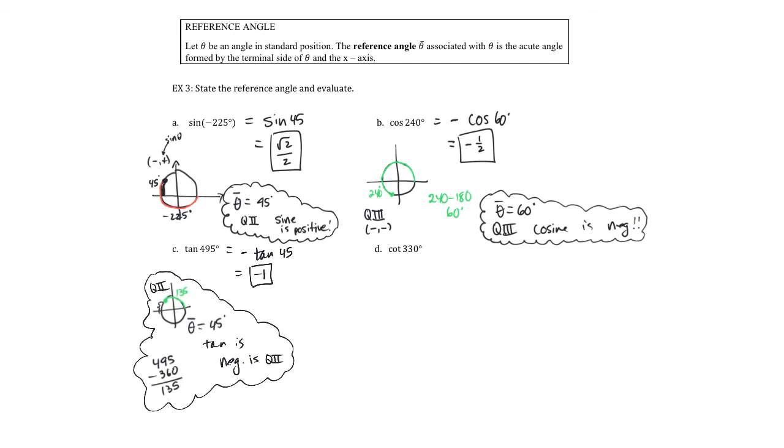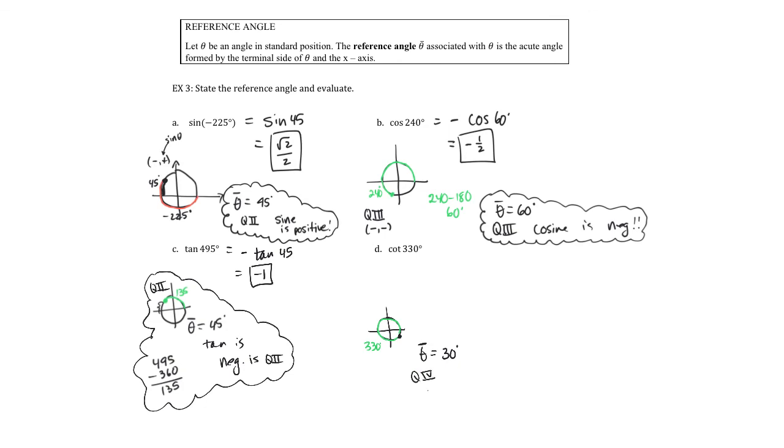Okay, 330. That one is almost to 360. We're right over here. So we've come all the way around, 330 degrees. The reference angle is 30 degrees, but we're in quadrant 4.